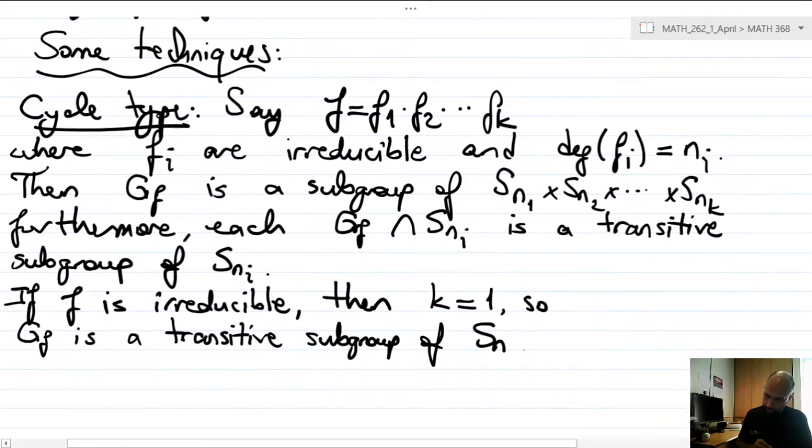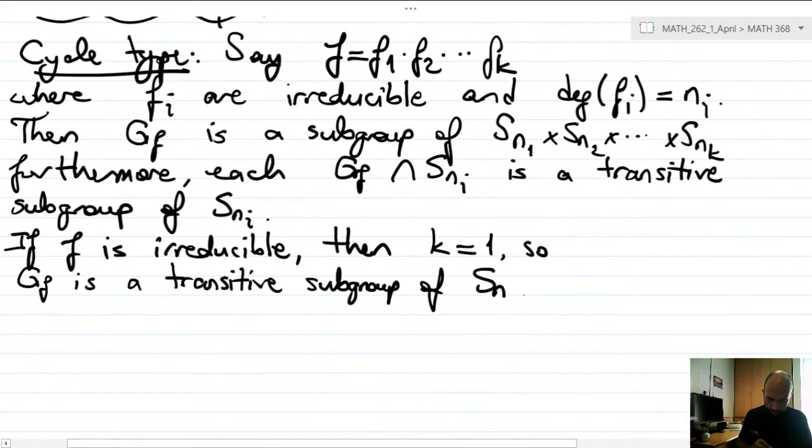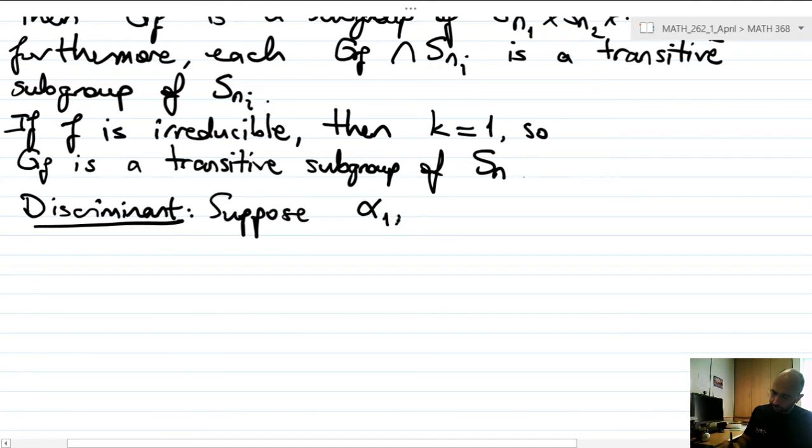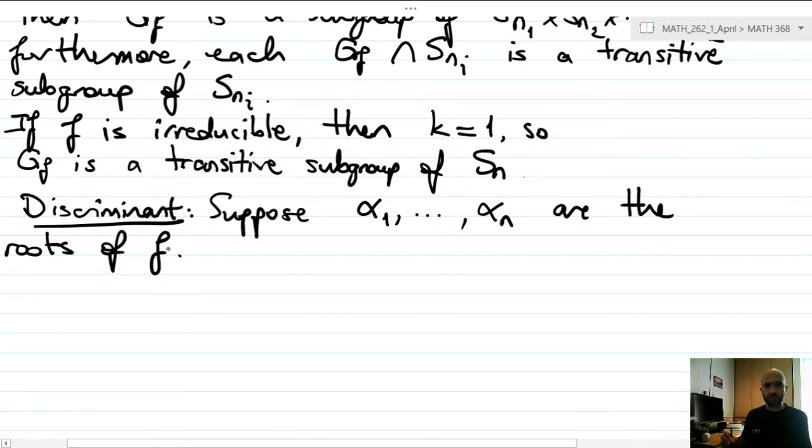Okay, the next thing one could look at is the discriminant. Suppose alpha_1 up to alpha_n are the roots of the polynomial f. We know they're distinct because f was chosen to be separable.